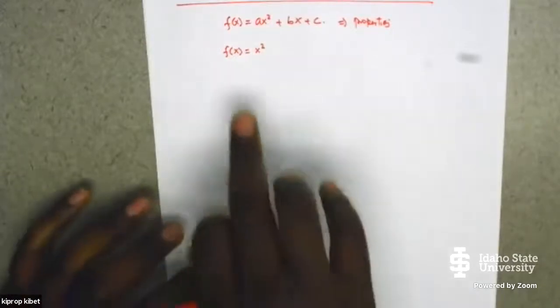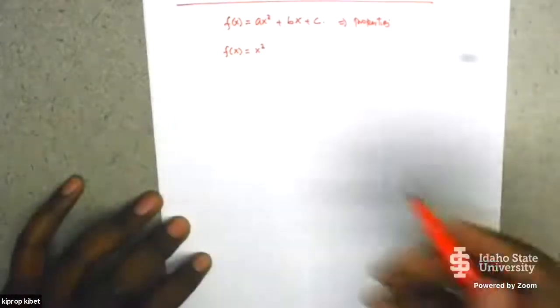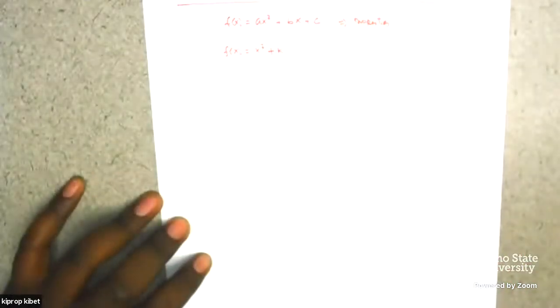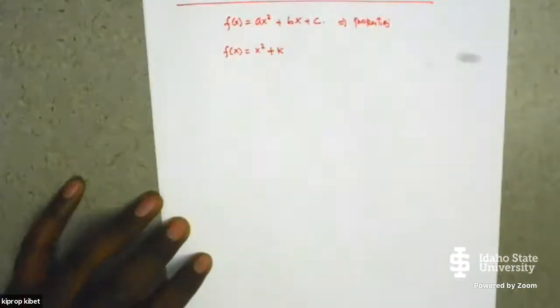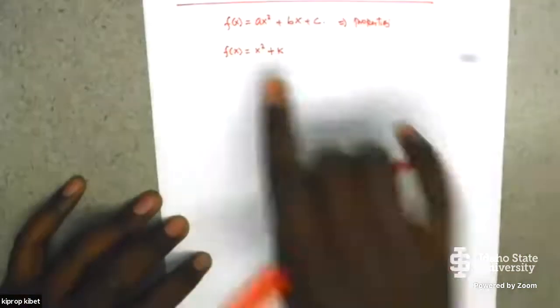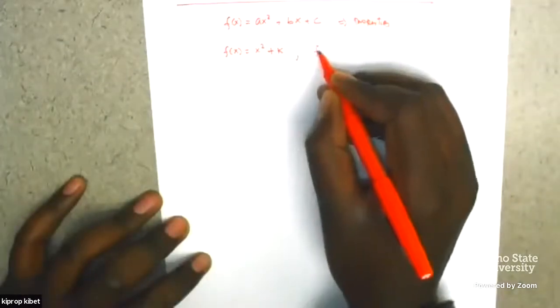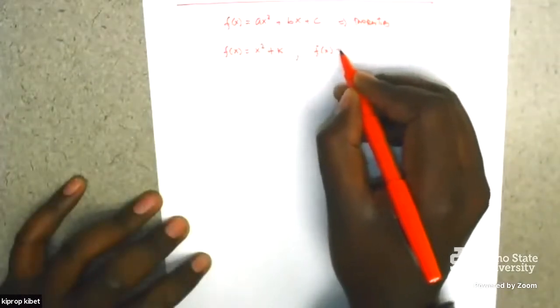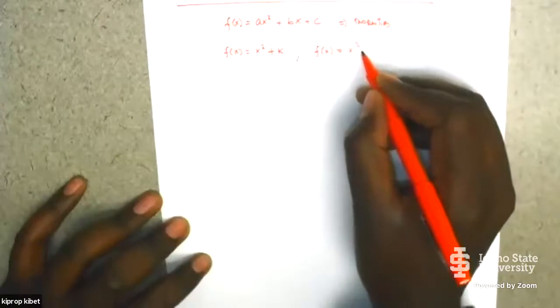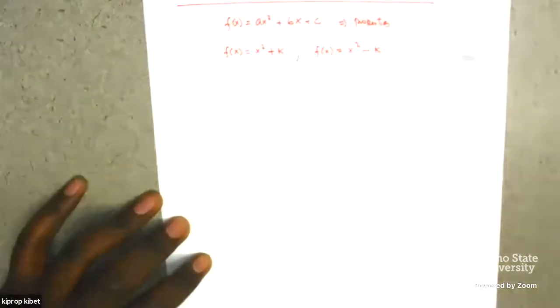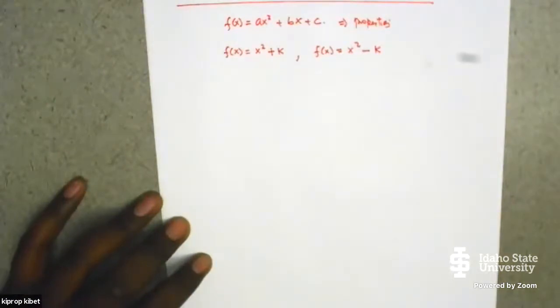We want to see what happens when we add a constant k. Again, if f of x equals x squared, what happens when we subtract the constant k?